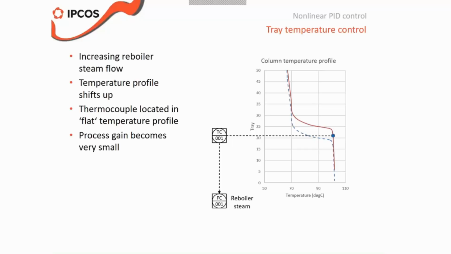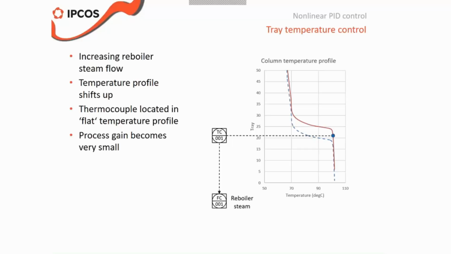If you just add a little bit of steam to the reboiler, it shifts the temperature profile up, and basically the temperature keeps on changing until it hits the flat profile again, and then it stops. So if you make a small step on the reboiler steam, the temperature might change 10 to 20 degrees, and then it's steady and doesn't change anymore. That's typical process behavior of these columns.